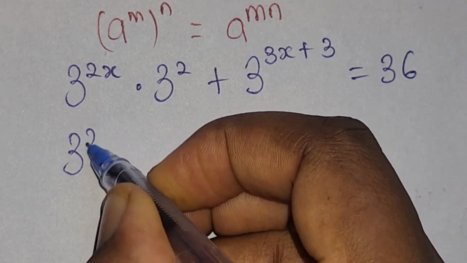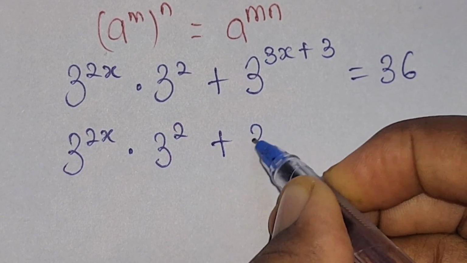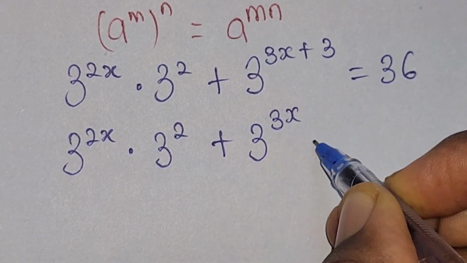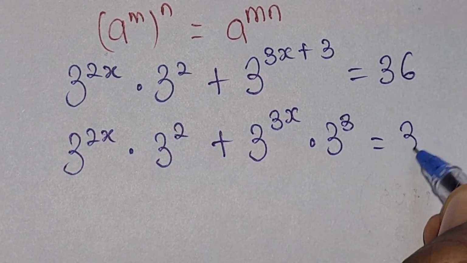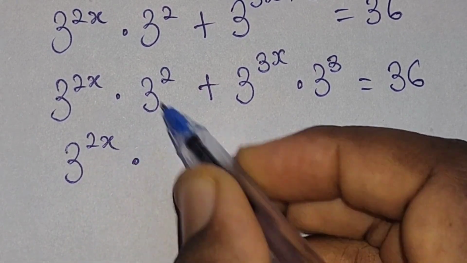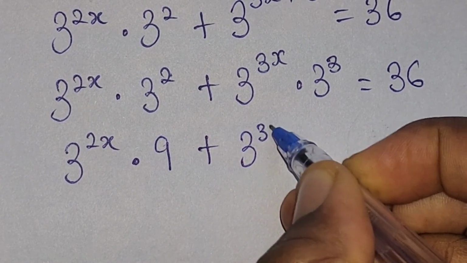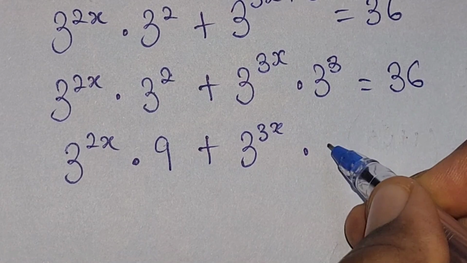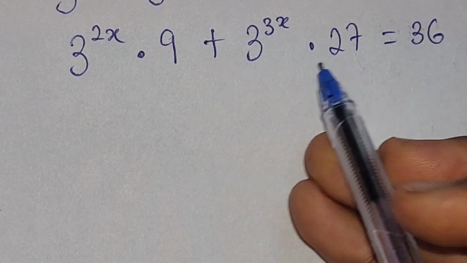So we have 3 to the power of 2x times 3 to the power of 2 plus 3 to the power of 3x times 3 to the power of 3, and this is equal to 36. We have 3 to the power of 2x times 3 to the power of 2, which is 9. We have 3 to the power of 3x and 3 to the power of 3 is 27, and this is equal to 36. 9 is common here.